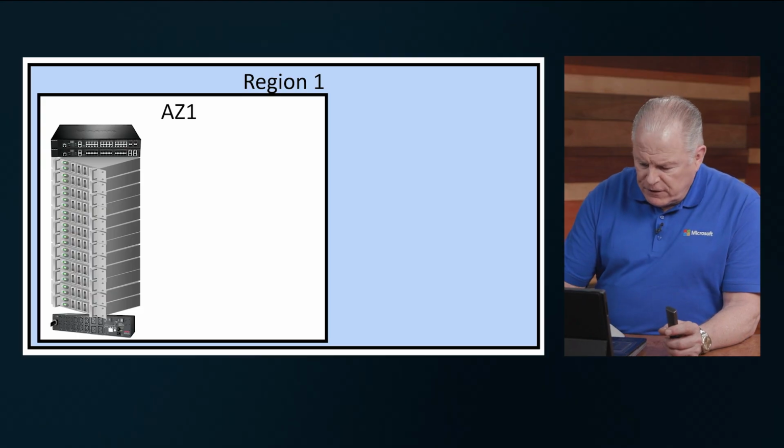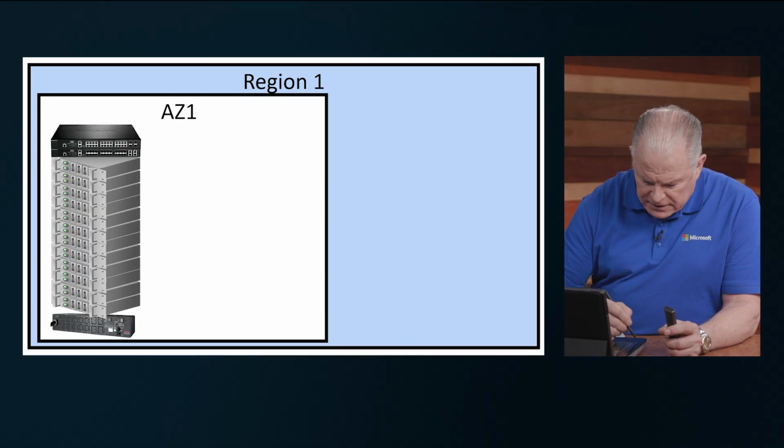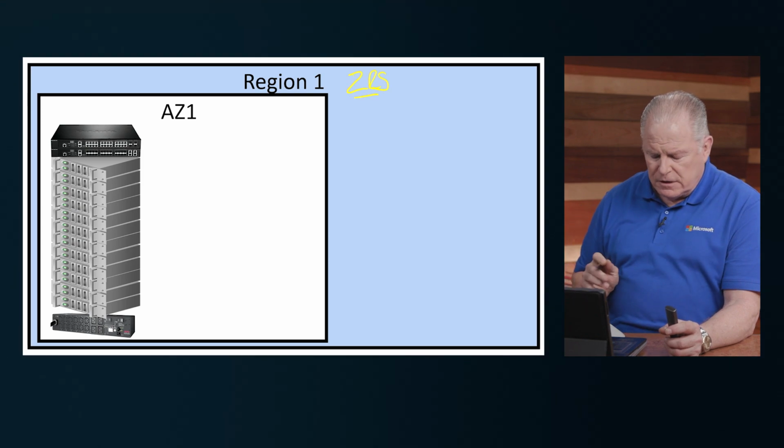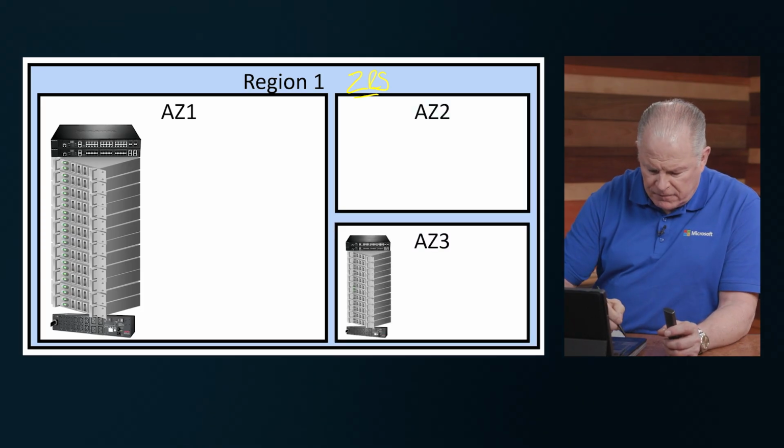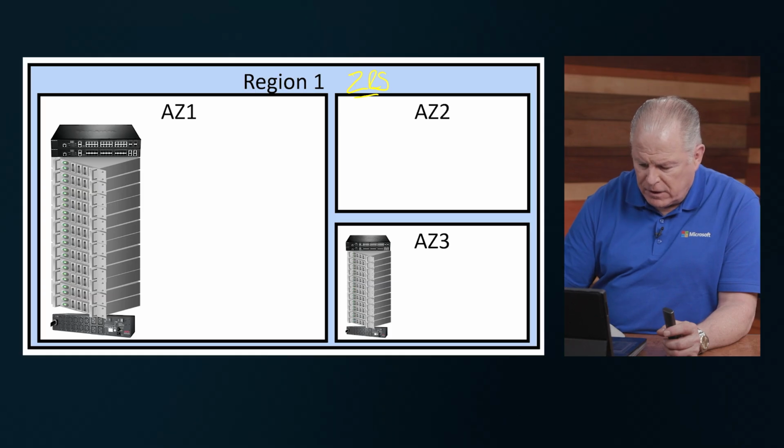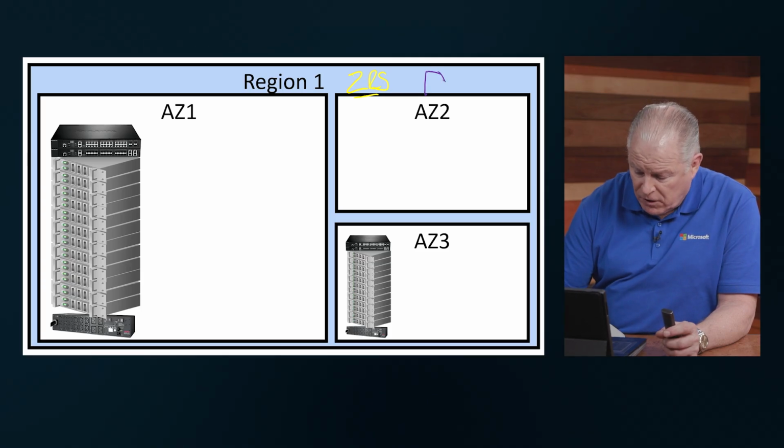If we take a look at a feature called ZRS, or zone redundant storage, we are now going to spread the 3 copies of that file across 3 different zones inside of the same region. Because remember, a storage account is still regionally based. So I still got my file bob.doc.